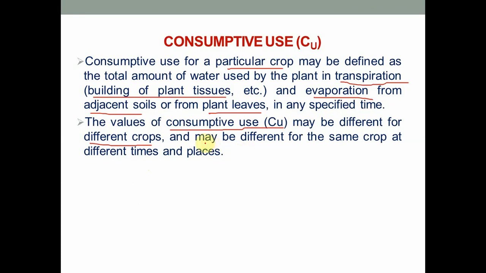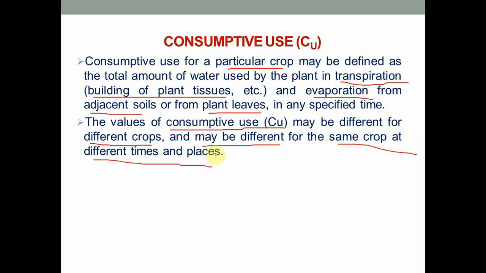Also, the consumptive use may be different for the same crop at different times and places. For example, if we grow wheat in a wet climate, such as Konkan or Western Maharashtra, and the similar wheat crop in a dry climate such as Rajasthan, there also the consumptive use may differ. Why?